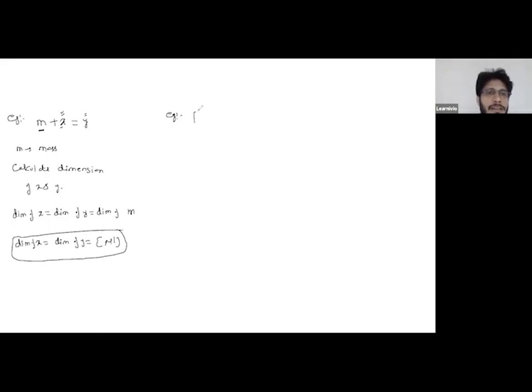Let's say I write one more example. F is equal to A t plus B root x. Here F is force, t is time, x is position. x is position means x is length.